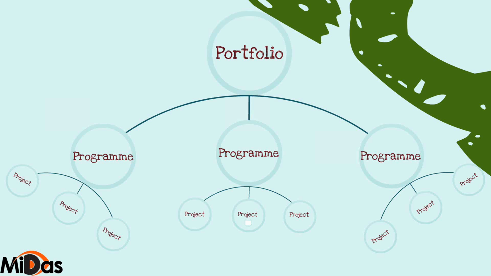The framework for projects that OGC has is PRINCE2, and otherwise you have lots of other frameworks like PMP, CAPM, IPMA, and at program level you have MSP from OGC, that is the Cabinet Office of the UK, and then at portfolio level you have MoP, Management of Portfolios.